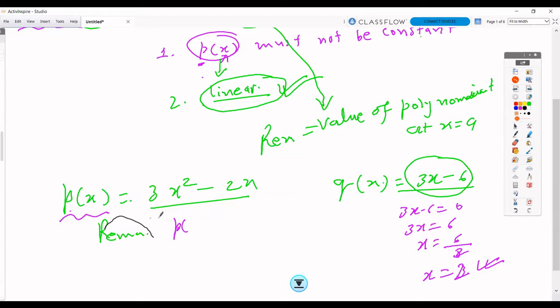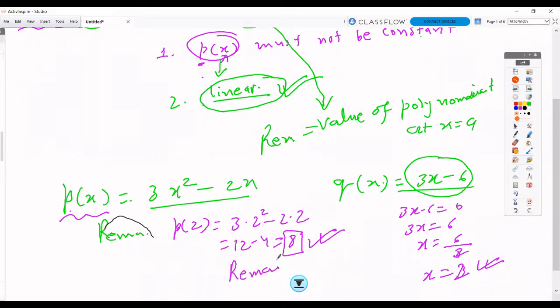So P(2) is 3 into 2 to the power 2 minus 2 into 2, which is 12 minus 4, equal to 8. 8 is the value of the polynomial, and the value of the polynomial means the remainder. So this is called the remainder.